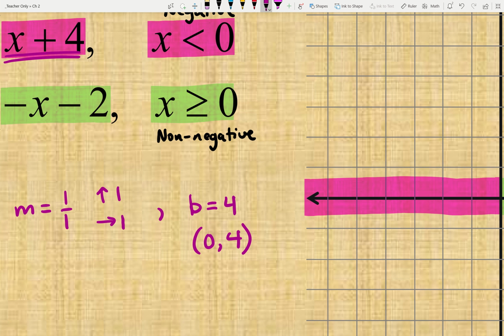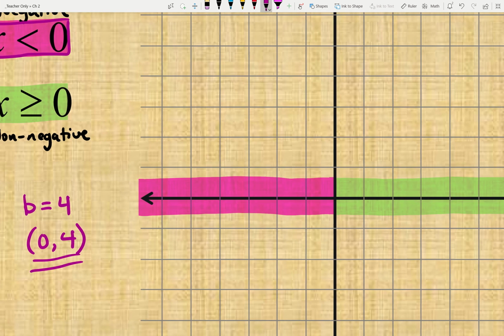Now, this is going to have to be plotted strictly for x values that are less than 0, so not equal to 0 itself. So when you plot your region here in purple, we're going to need to put an open dot in purple on that value of (0, 4) that we need to plot first here. So if I come up here to 1, 2, 3, 4, I'm going to put an open dot there, just to signify that that is a value that I approach but don't equal.